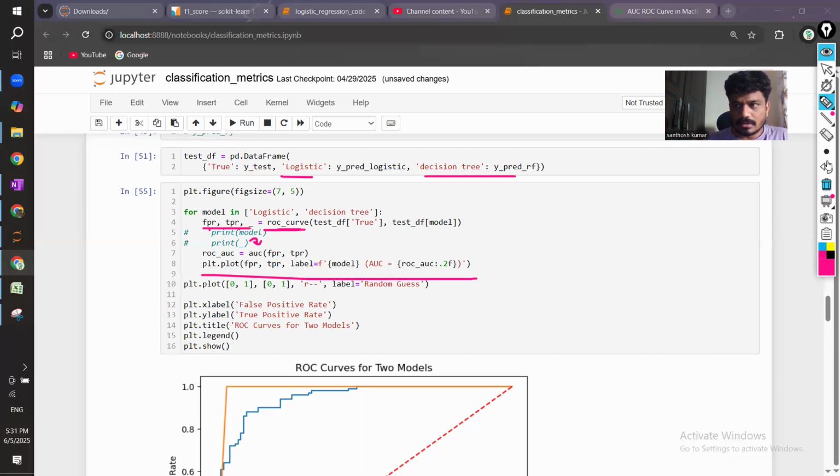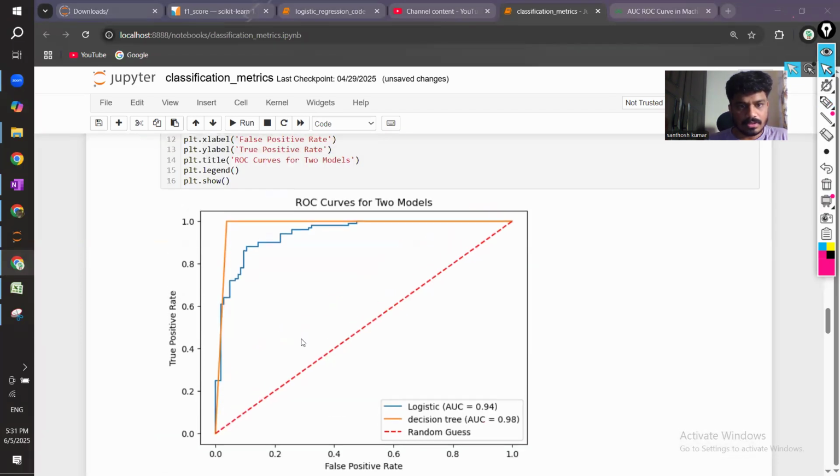Once you plot, this is the curve it is showing. The blue line is for logistic regression, and for the decision tree, this is the curve. As you can see, the area for the blue one is only this much, but we have some extra area for the decision tree.